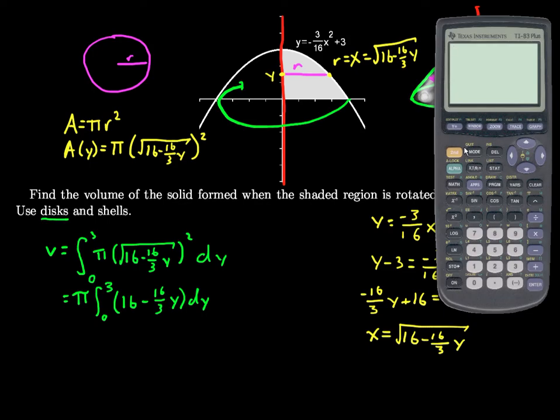Pi, math, 9, fnInt: 16 minus 16 divided by 3 times y, with respect to y, from 0 up to 3.